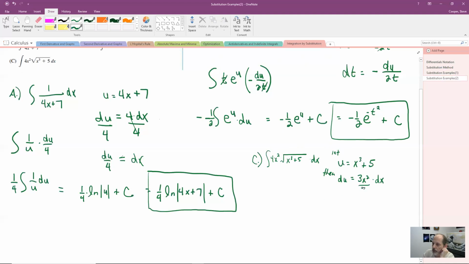Okay, so dx itself is going to equal du over 3x squared. So we have an integral of 4x squared times the square root of u, and then dx we're going to call du over 3x squared.